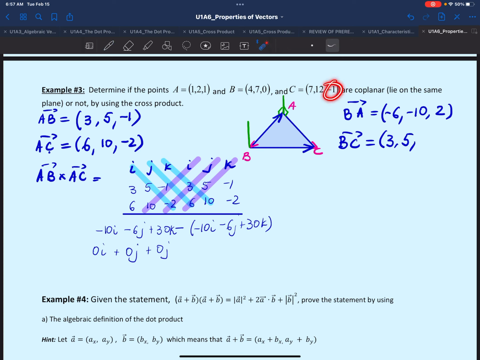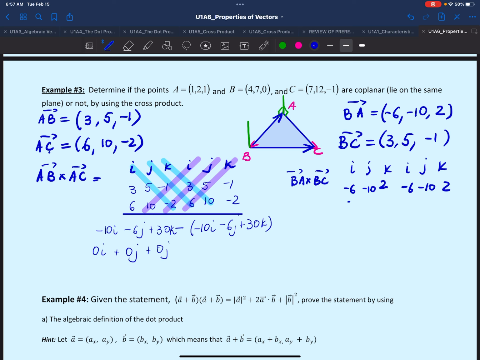And then negative 1 minus 0, negative 1. So let's cross BA with BC. IJK, negative 6, negative 10, positive 2, and 3, 5, negative 1.